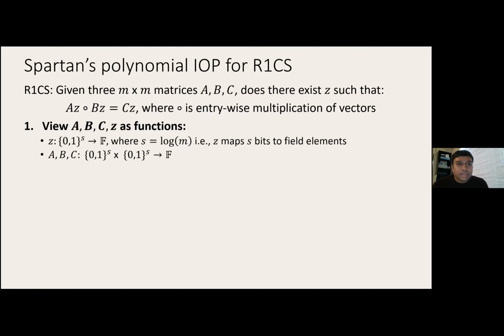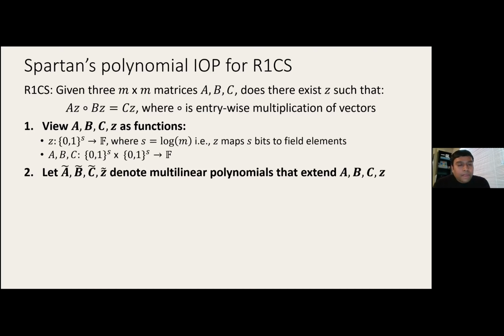For example, the vector Z can be viewed as a function that maps S-bit strings to elements of a finite field, where S is logarithmic in the dimension of the vector. Similarly, A, B, C can be viewed as functions from 2S-bit strings to a finite field element.